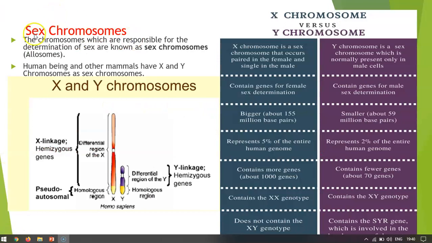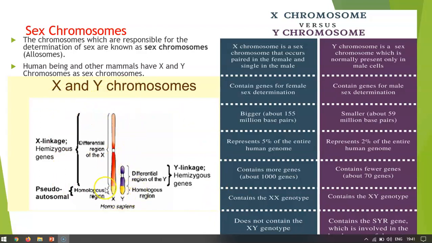Students, the next thing that we are seeing is sex chromosomes. The chromosomes which are responsible for the determination of sex of an individual are known as sex chromosomes or allosomes. Human beings and other mammals have X and Y chromosomes as sex chromosomes. Here, I have shown you a diagram of the structure of your X and Y chromosomes.